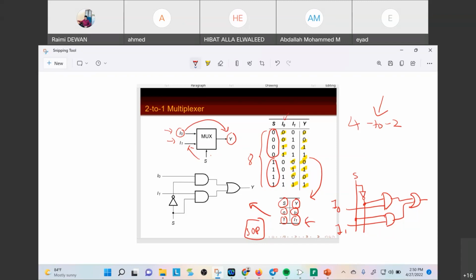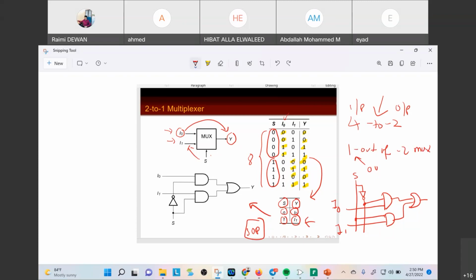The first naming is 2 to 1 multiplexer, and the next naming is 1 out of 2 multiplexer. So make sure you know how to differentiate the way we name it. For example, this one is a 4 to 2 multiplexer, meaning this is your input and this is your output. In the other naming, for example 1 out of 2 mux, this one will be your output.